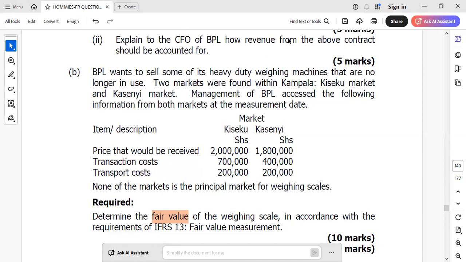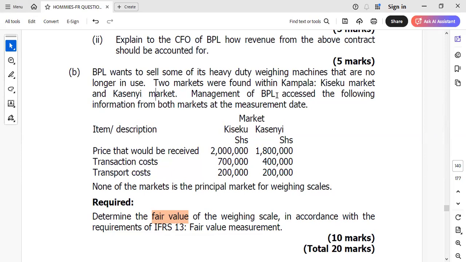What are you given? You are told that BPL wants to sell some of its heavy duty weighing machines that are no longer in use. Two markets were found within Kampala, Kiseku market and the Kasenyi market.